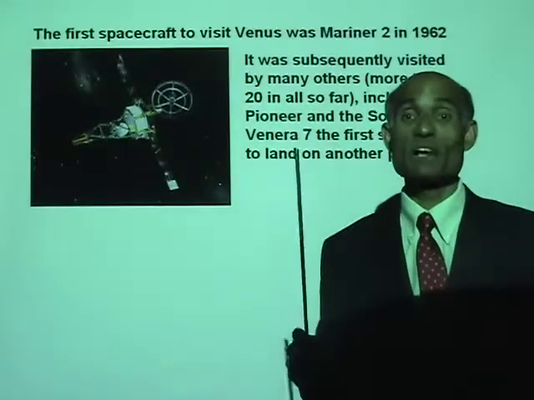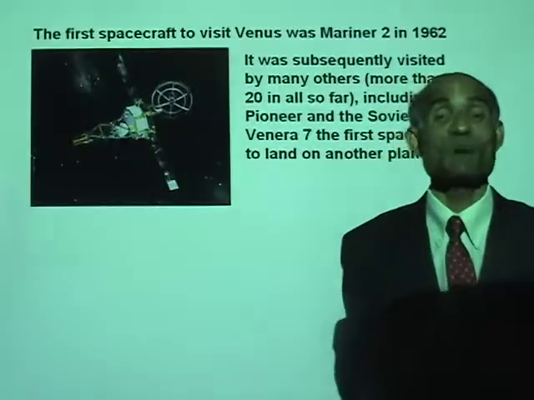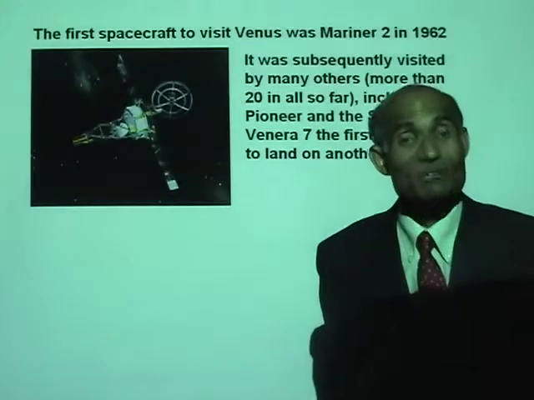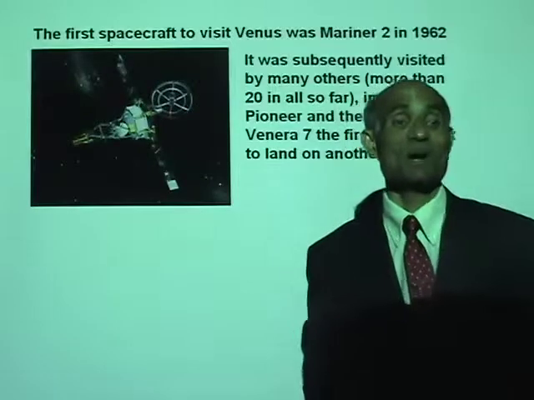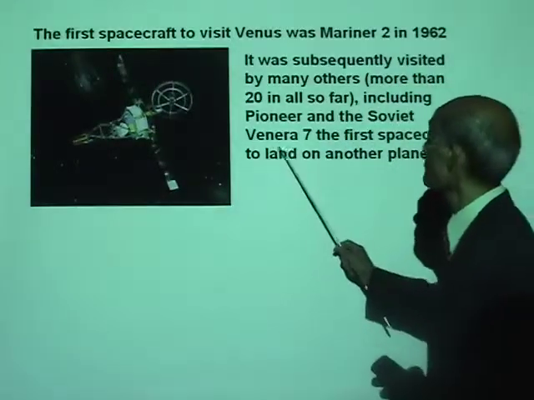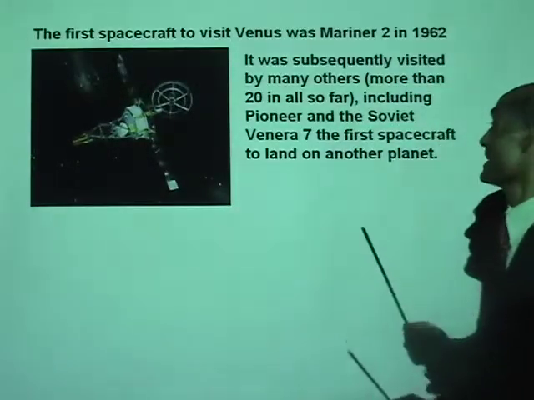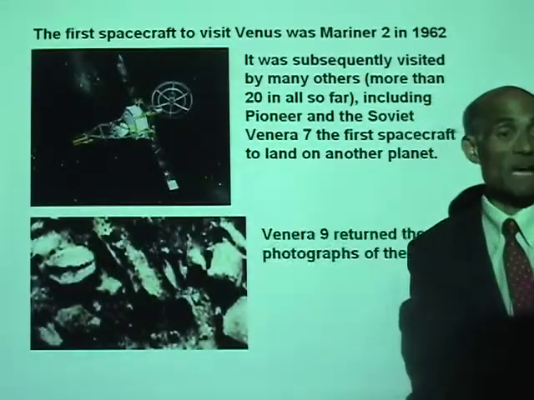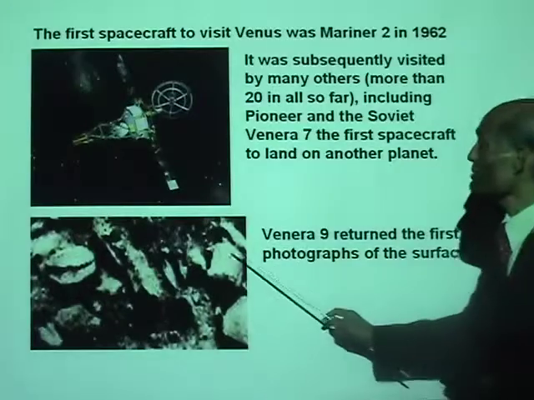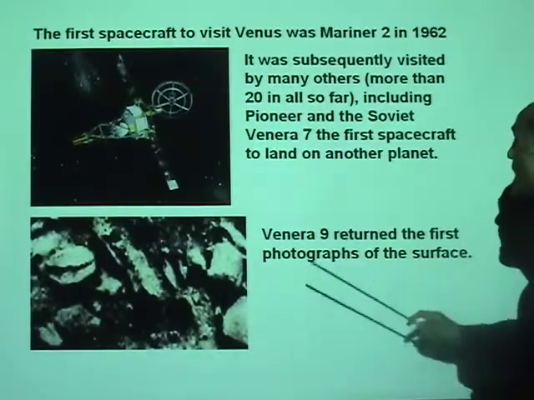So Soviets have been pioneering space travel before actually America took over and succeeded in landing on the moon. So Soviet Venera 7 first landed on Venus and sent back some spectacular pictures. This is the picture sent back by Venera 9.